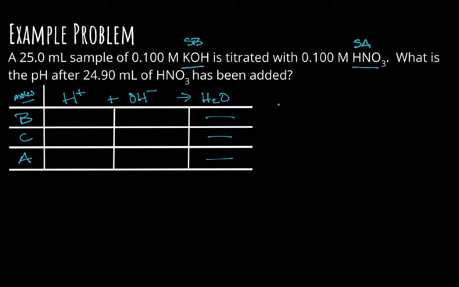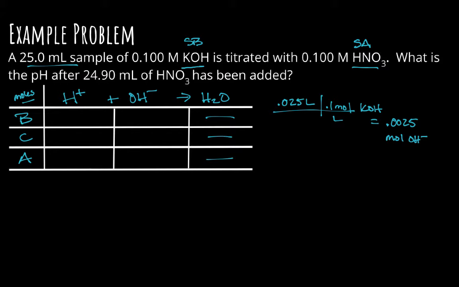So I have 0.025 liters of 0.1 mole per liter KOH, which gives me 0.0025 moles of KOH, which is my OH minus.